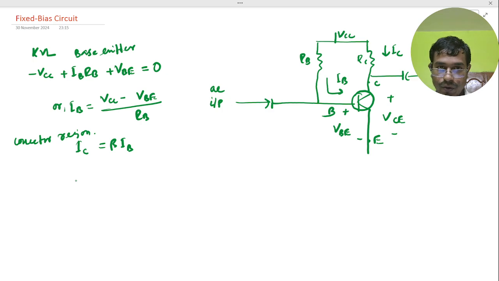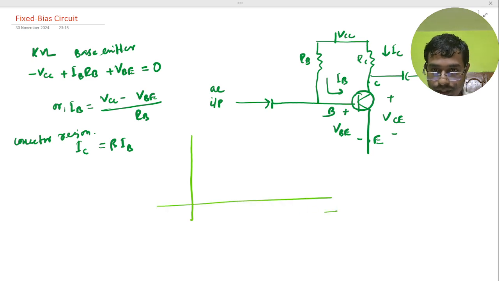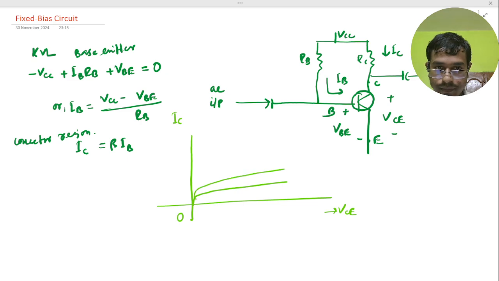And we have another thing to discuss here, the load line and the Q point. Basically for the load line, we just draw a graph, the output characteristics of the transistor. This is for the VCE and that on the origin, and that is the IC.